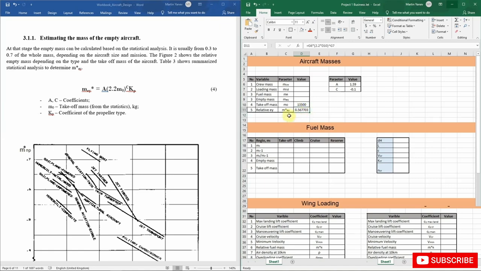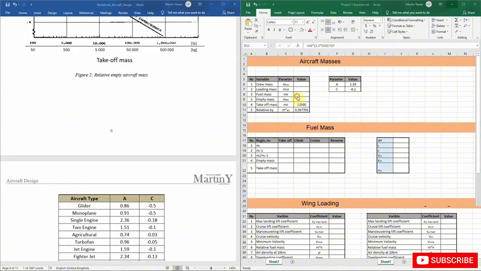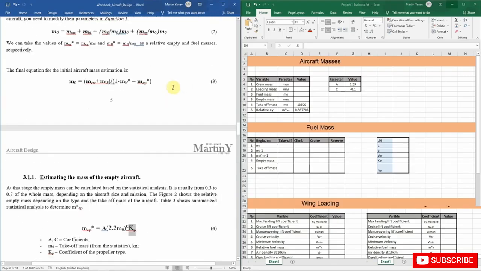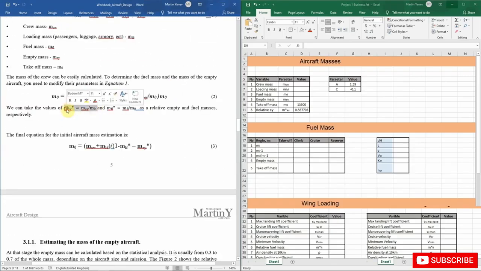Okay, so this is the relative empty mass, or the empty mass of our aircraft will be about 56% of the total mass of the aircraft. So now we can estimate the mass of the aircraft that is empty, and this will be quite simple. We just need to multiply, as we have in the equation here. From the equation, we have the MEY star and M0.